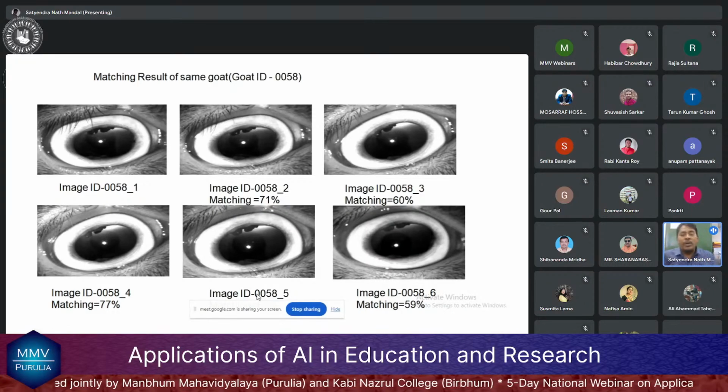Now we face one problem. If we get multiple pictures from the same animal, their matching accuracy, and we get images from different animals, their matching accuracy, the difference is not so high.